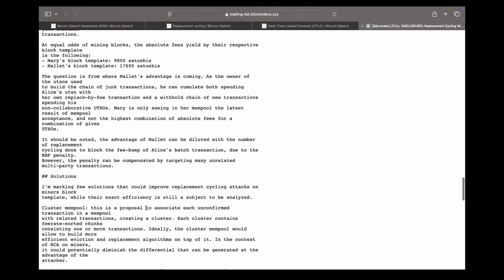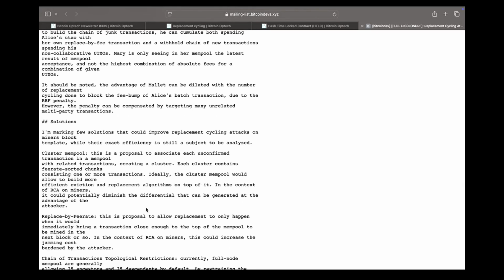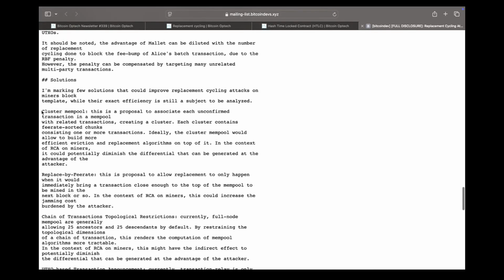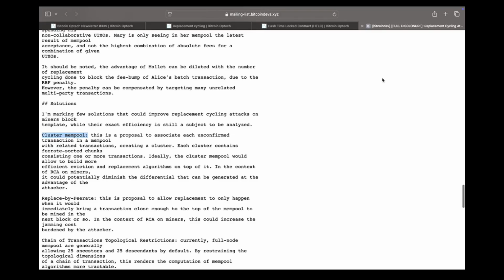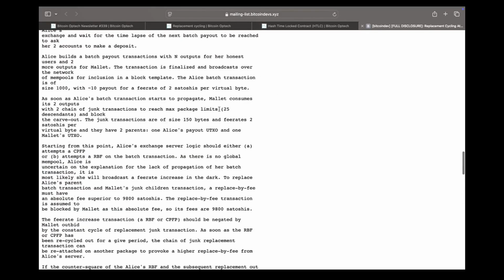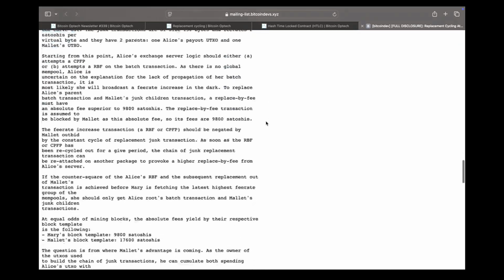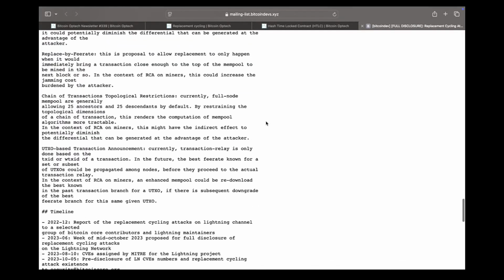And the solution to this, one solution, is cluster mempool. Now we can't go into the details of what cluster mempool is. In short, cluster mempool does away with this 25 descendant limit, right? So Alice can attach another child, and Alice is not in need of rebroadcasting the entire transaction. That could be one way of doing that, right?